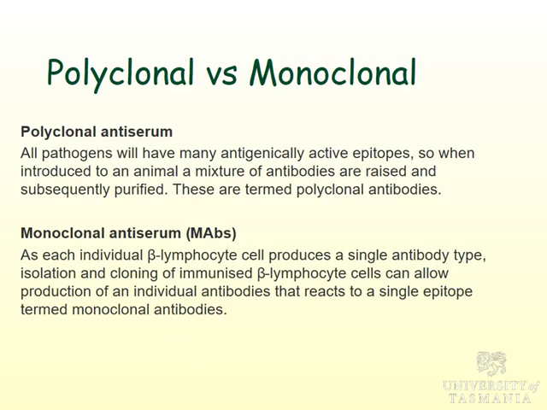For diagnosis, it's important to know you can actually get two types of antibody, or two groups of antibody that are useful. One is polyclonal antibodies. These are, if you inject a rabbit with your virus pathogen and it produces an immune response, it produces a family of antibodies.